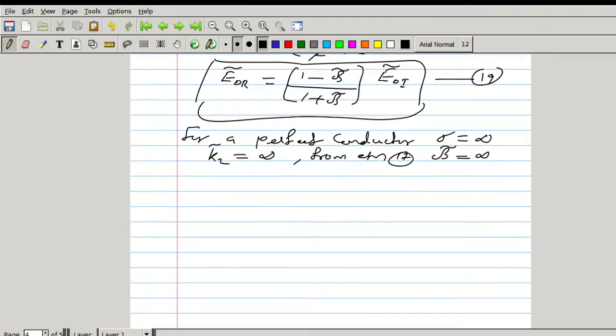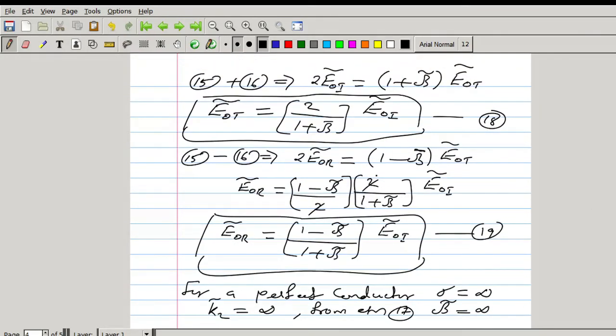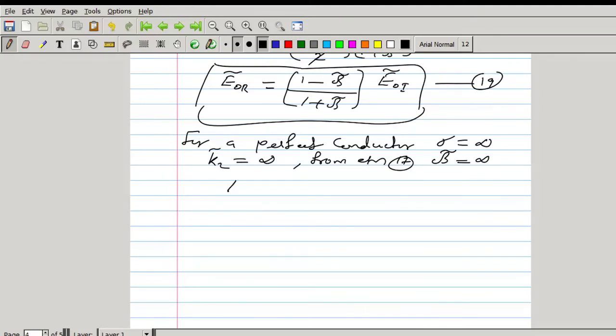If beta is infinite, see this equation, 2 by 1 plus infinity, which is infinity. So 2 by infinity means 0. So E0t is equal to 0.